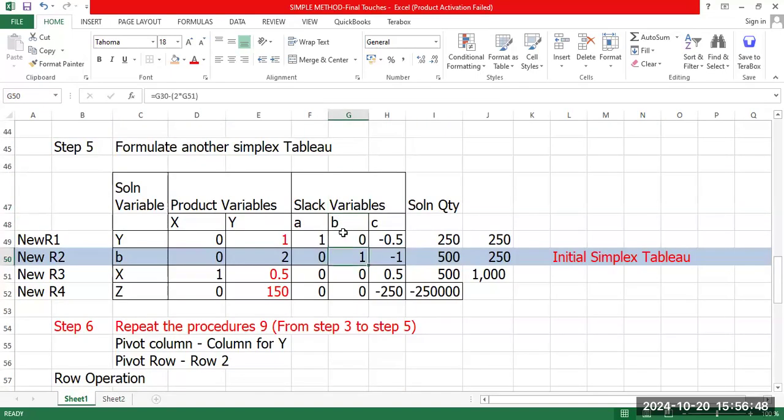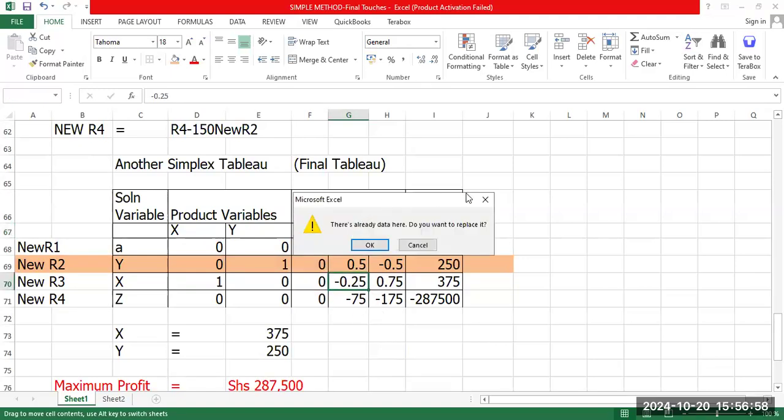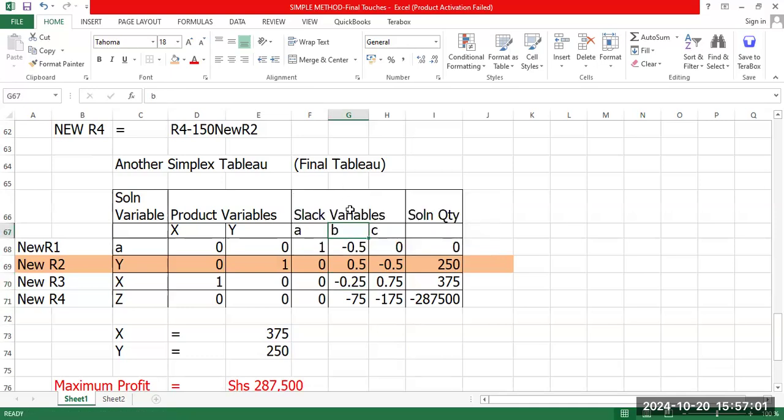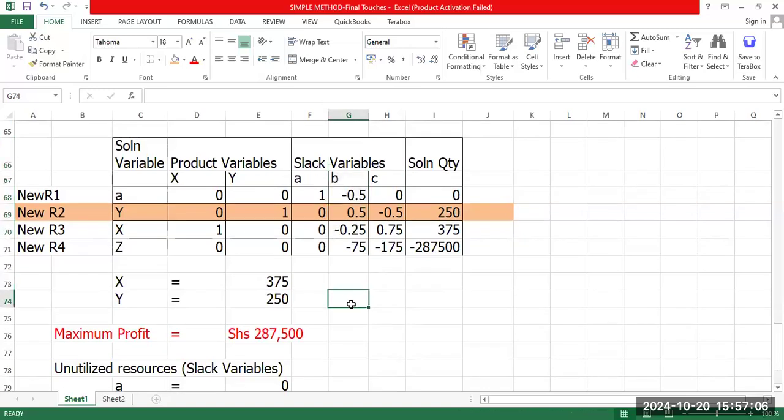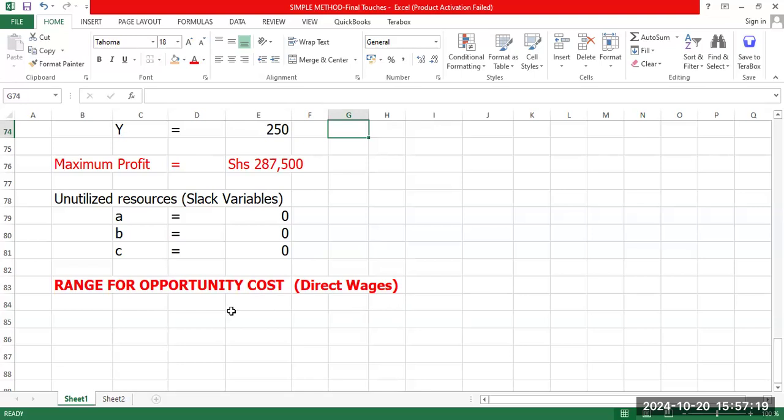This is column B. Then you need to first know the variable you are talking about.